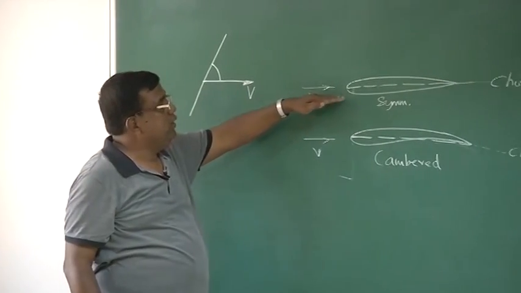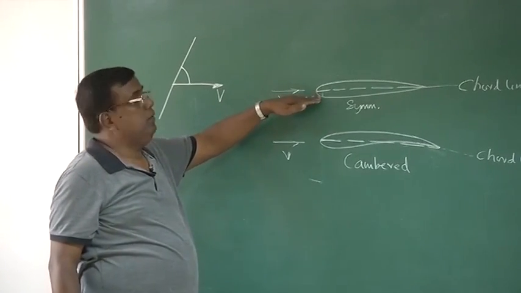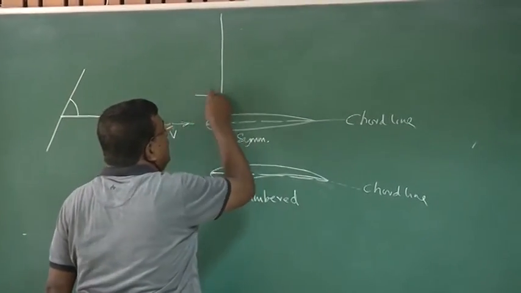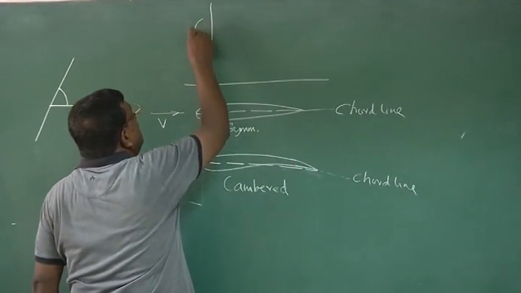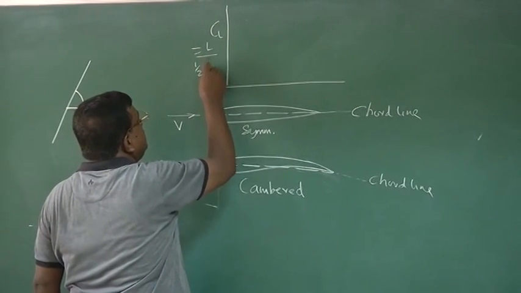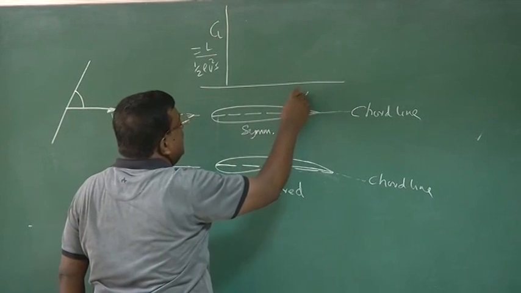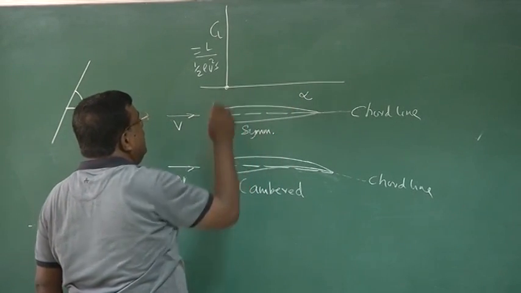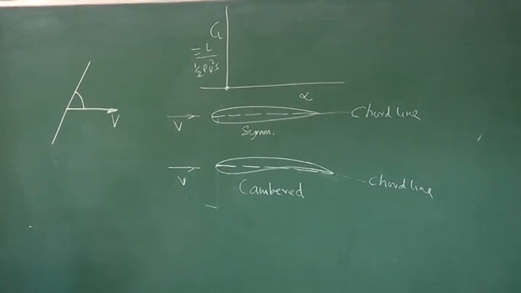In this case, there is no angle, so it will not generate any lift. So if I draw CL, which is nothing but lift divided by half rho V square S, versus angle alpha, at alpha equal to 0, I will also get 0 lift or 0 CL.